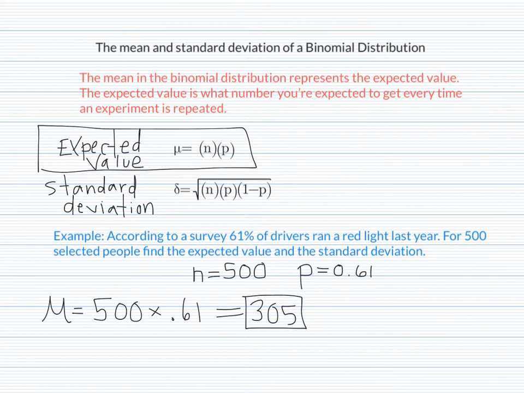All right, so last thing, to find the standard deviation here, we take the square root of our n times our p times our 1 minus p. And after plugging that into the calculator, we would get 10.91.